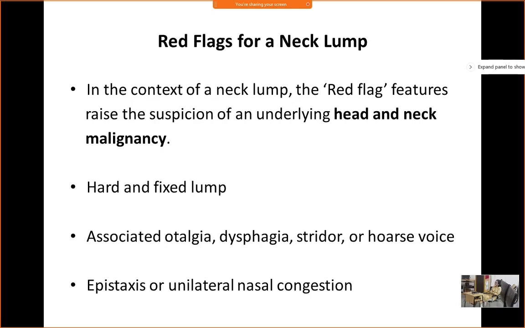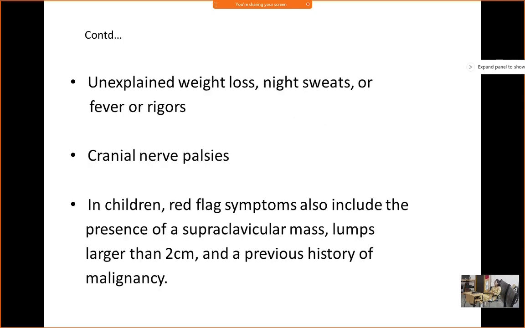Then there will be an associated otalgia. There will be an associated dysphagia, a difficulty in swallowing. Then there will be a stridor or a hoarseness. Epistaxis or unilateral nasal congestion is also another red flag sign.